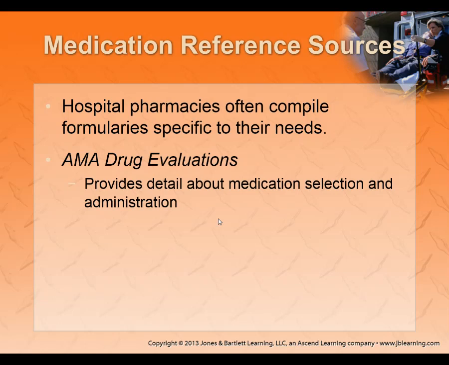That's generally just given in a hospital or in an ambulance. That's an example of something that the American Medical Association has evaluated and said is not something that should be given in a clinic setting, but should be given in a hospital setting. So just know that there are meds that you only give in either an emergency vehicle or in a hospital setting.